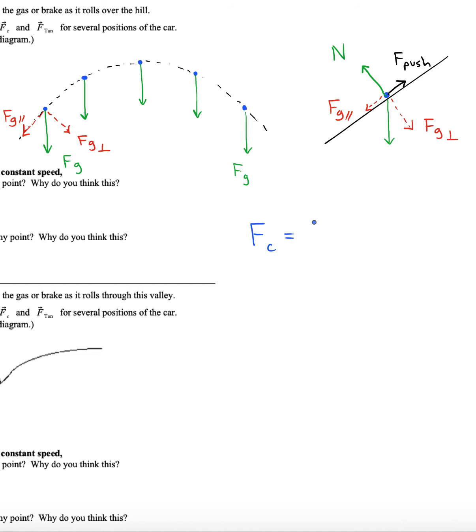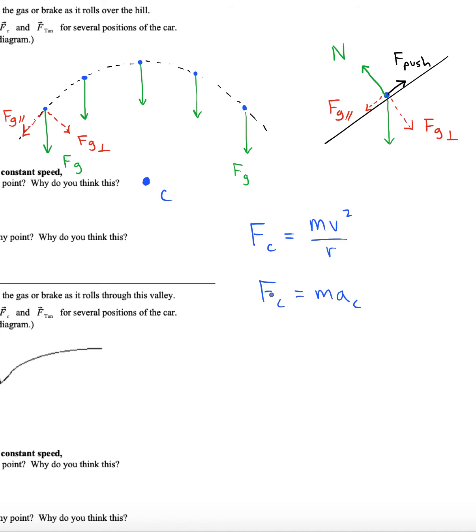Fc equals mv squared over r, or in other words, Fc equals m times AC, where AC represents the centripetal acceleration, which points in toward the center of curvature. So here, since our curvature is like a part of a circle, its center could be somewhere around here.